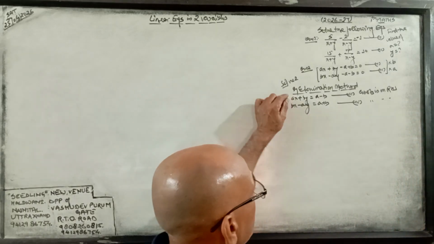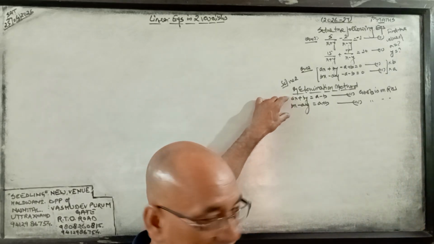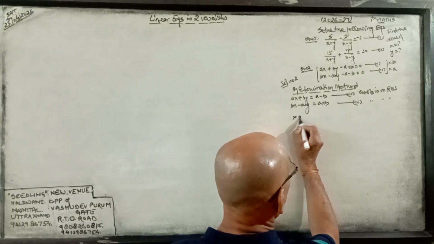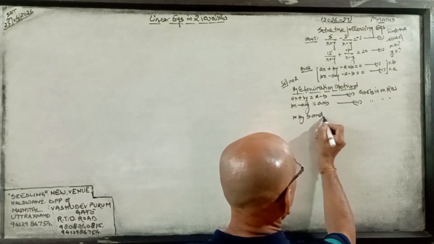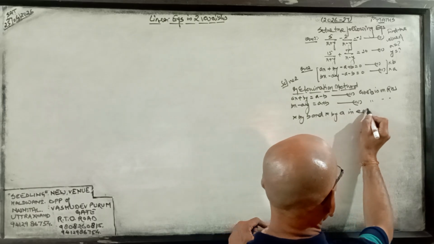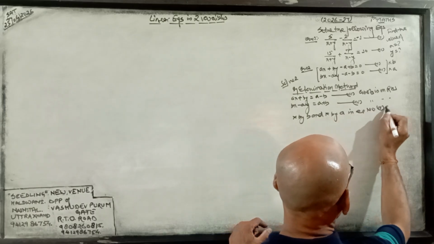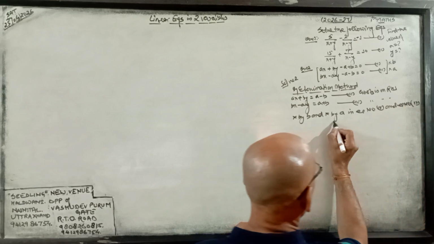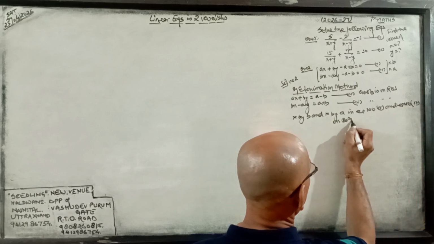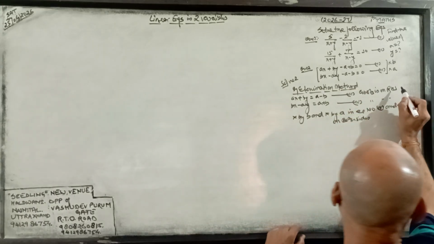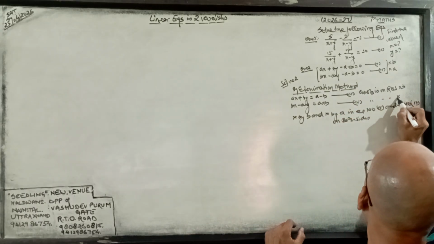Now elimination means you have to make the coefficient of x and y equal in both. So you write multiply by b and multiply by a in equation number 3 and equation number 4 on both sides. Clearly see. So now it's multiplied by b and it's multiplied by a.